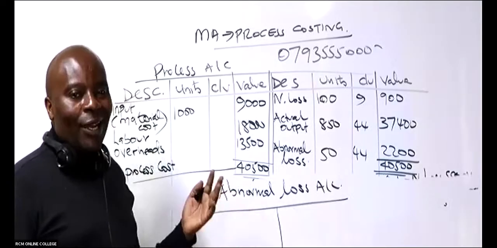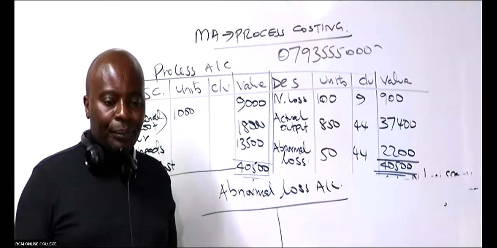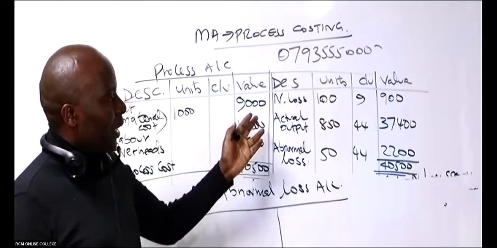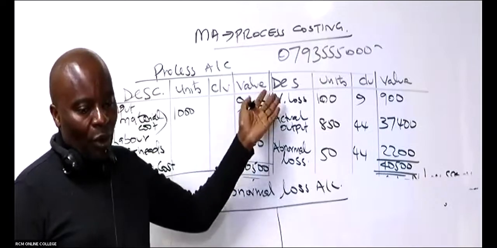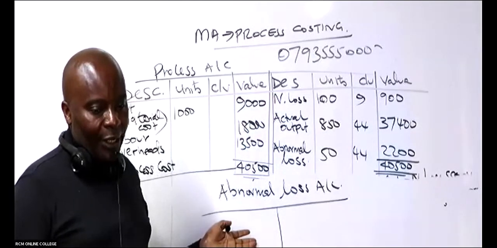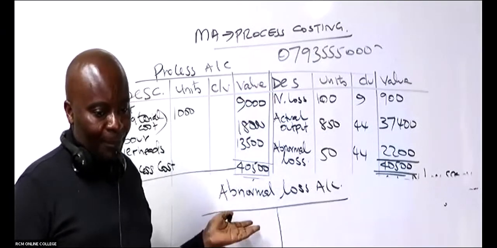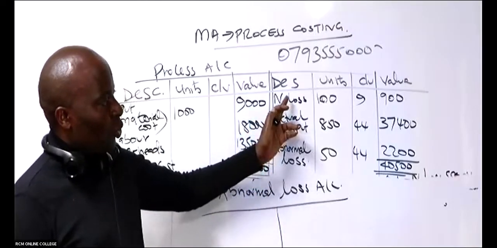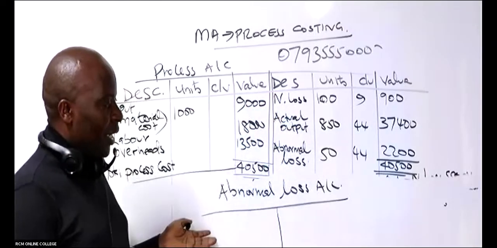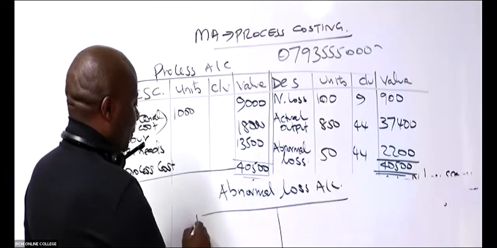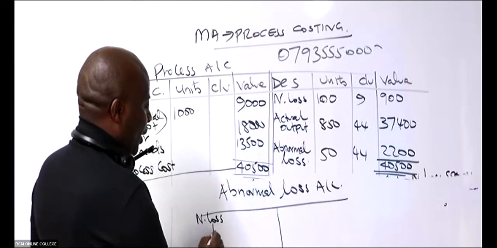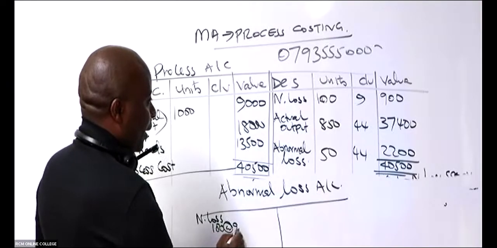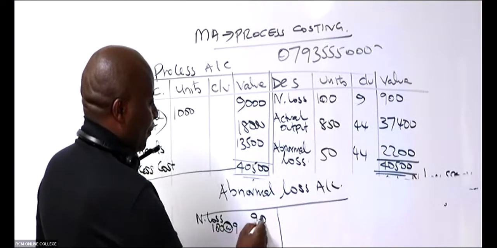It's basically a losses account. Now you'll bring the normal loss here. The normal loss was credited, so it will be debited here. So we have here normal loss, 100 at 9, giving us 900.